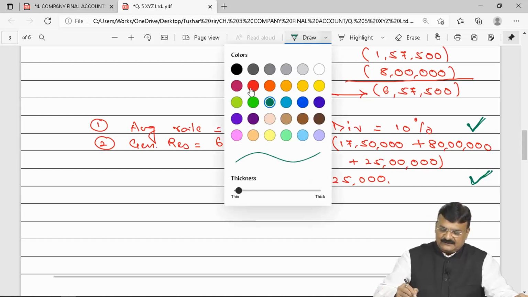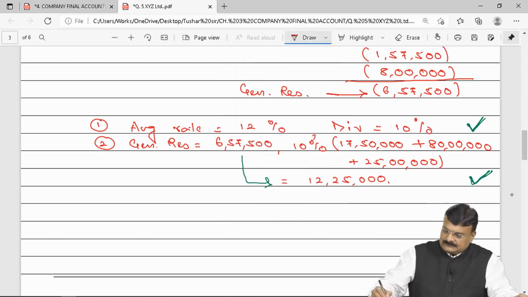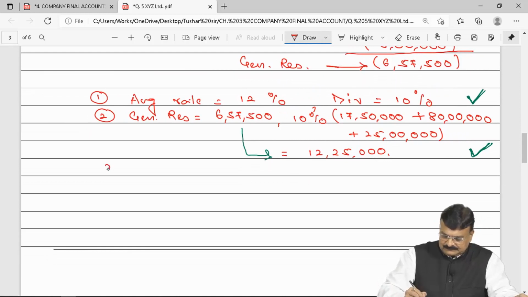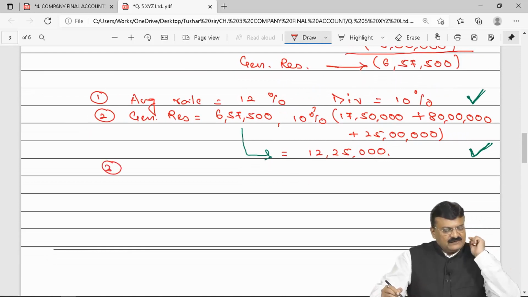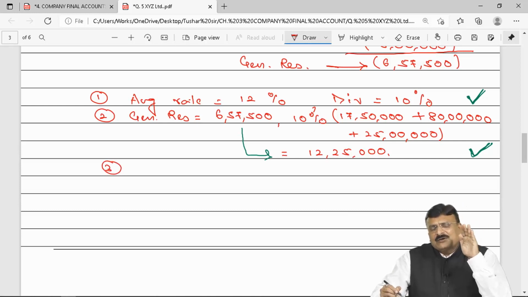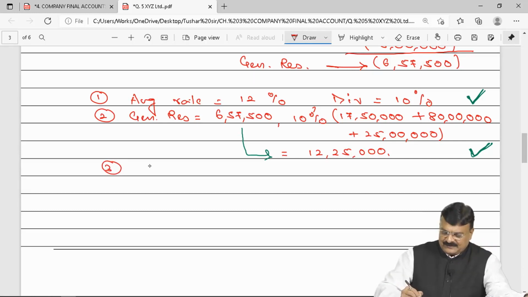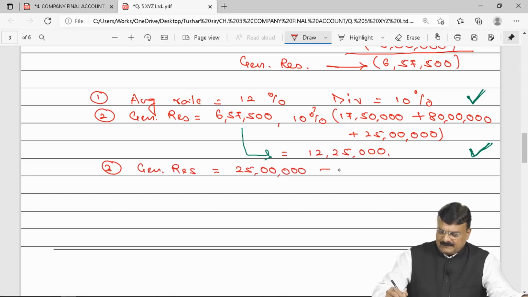Let's see the last condition. It says the divisible profit which remains after utilization. Now see, our general reserve was 25 lakhs. Out of 25 lakhs, we are planning to use 657,500.